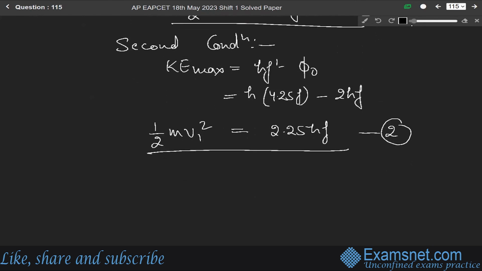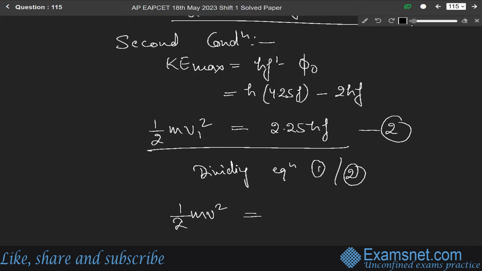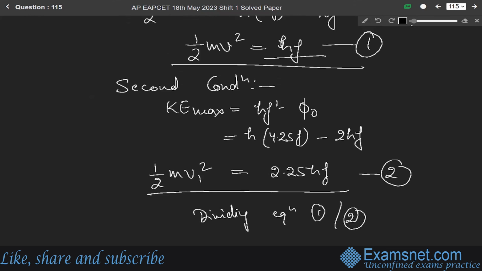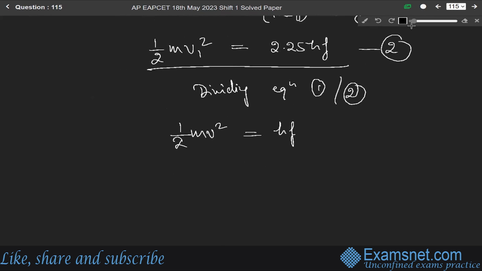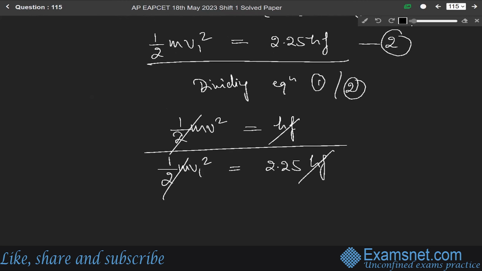Now dividing equation 1 by equation 2, we get half mv square, which from equation 1 equals hf, over half m v1 square, which equals 2.25hf. So the hf cancels, half m cancels.